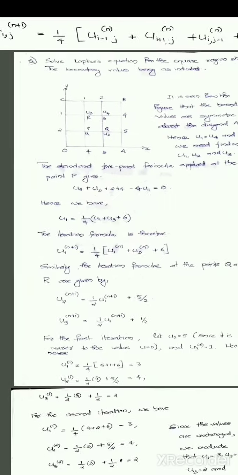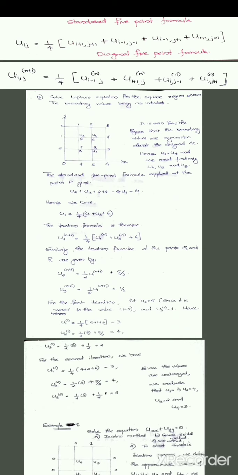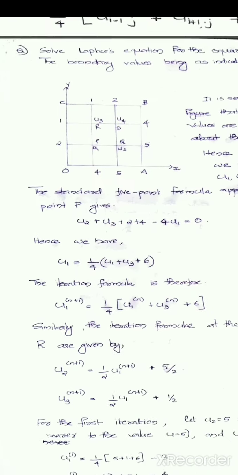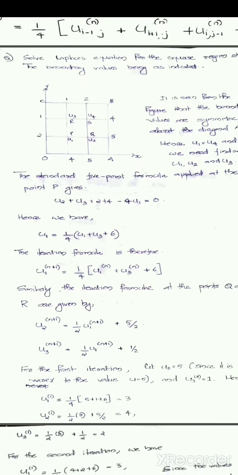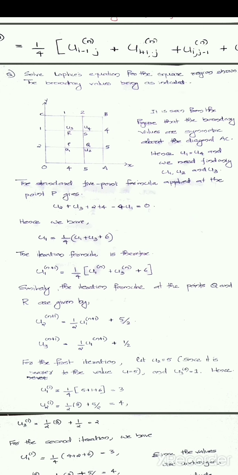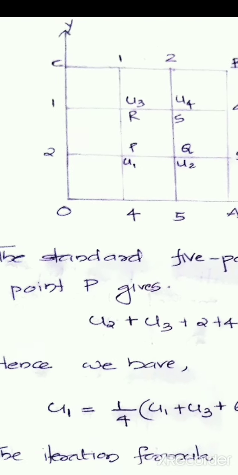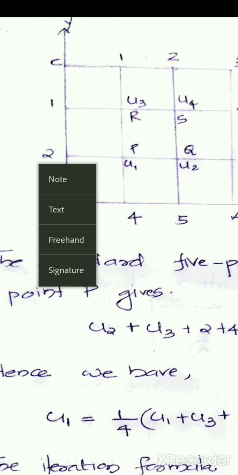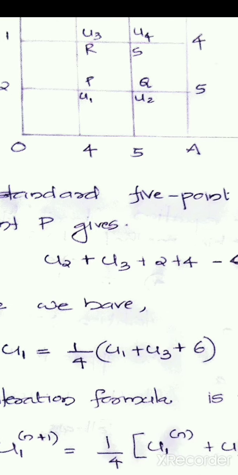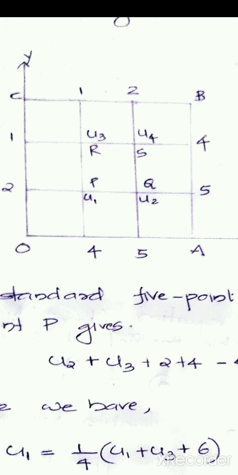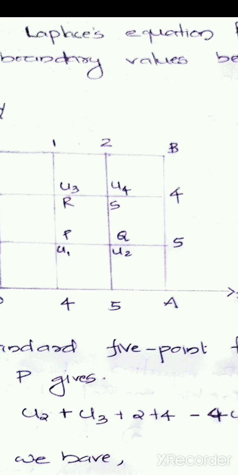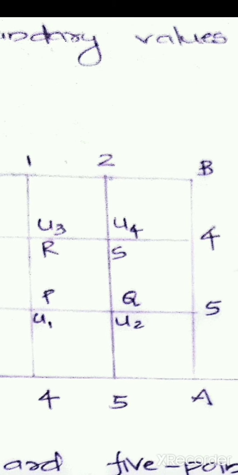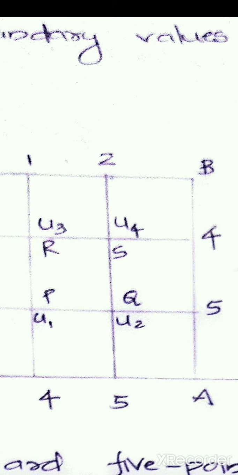Both are given above, and the problem is to solve the Laplace equation for a square region, which is given there. We can apply the standard 5-point formula: u1 is equal to 1 by 4 into 2 plus 4 plus u2 plus u3.